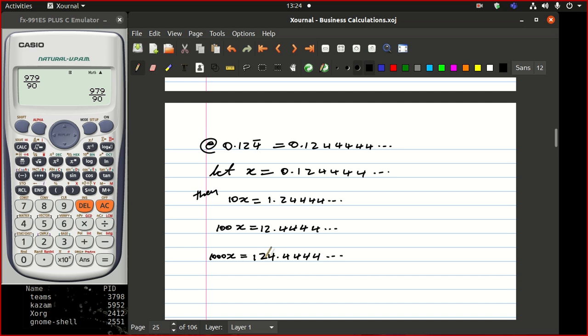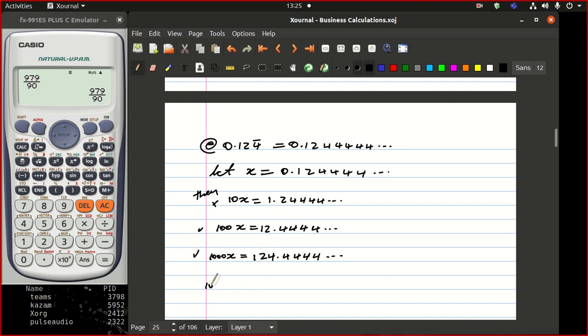And if you look at the numbers after the decimal between this one and that number, these numbers are the same. So since these two numbers are the same, you can actually deal with this one and that one and leave that one out. So we can separate these two.